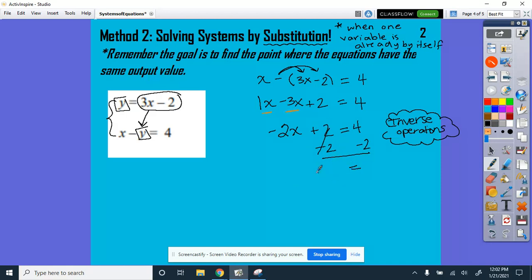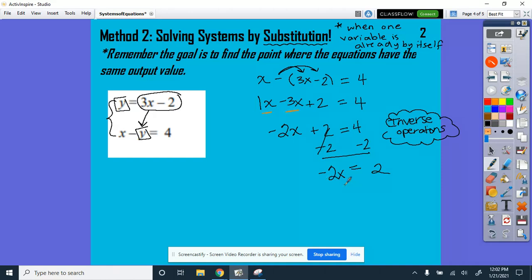So these cancel out. 4 minus 2, that's simple enough, it's 2. And then our negative 2x comes down here in our equation, and we're just going to keep rewriting.